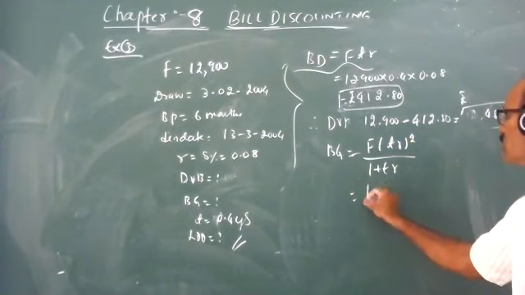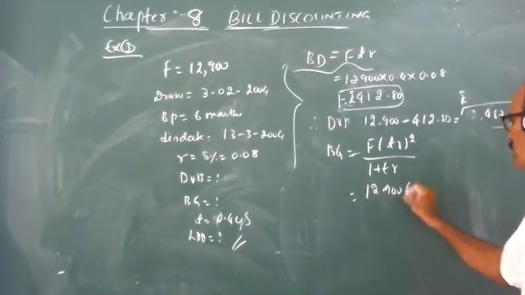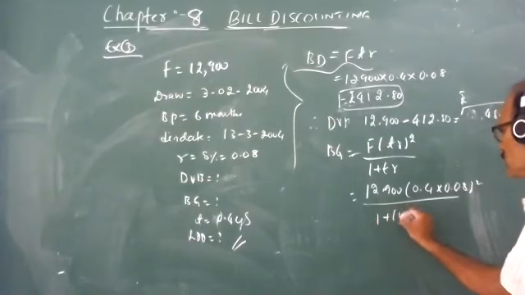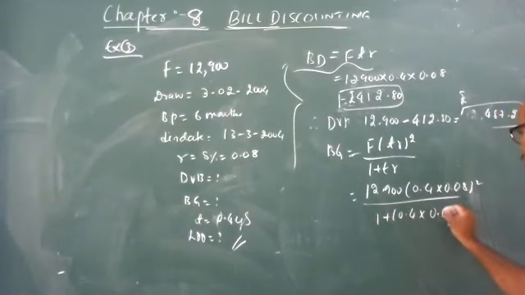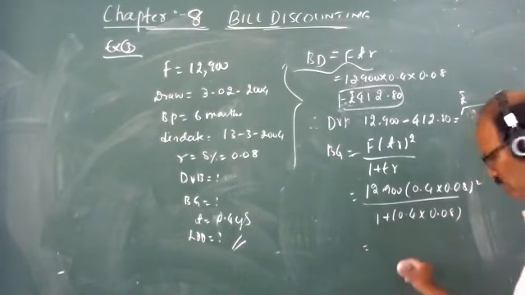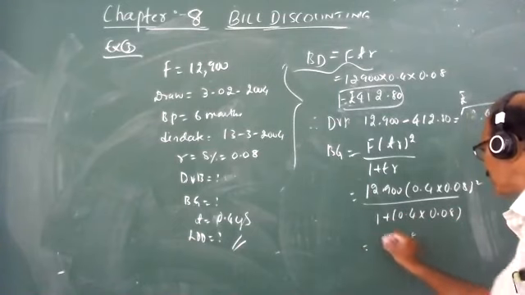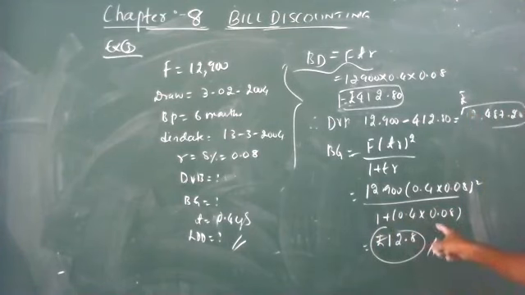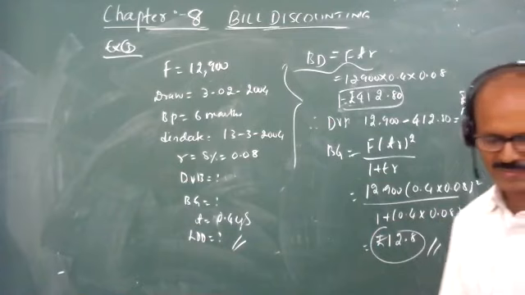That becomes F is 12,900, T is 0.4, R is 0.08 whole square by 1 plus 0.4 into 0.08. If you calculate the whole thing, it becomes 12.8. The calculation will be okay.